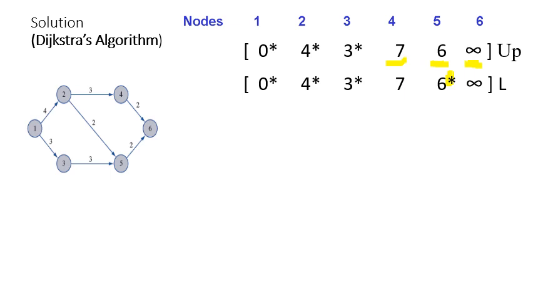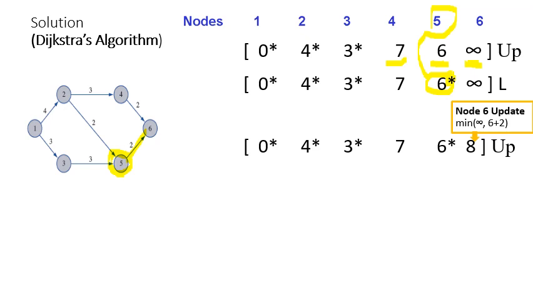After a node is set to be permanent, again, we need to do the update step. So the 6 here corresponds to node 5. Let's see if we are at node 5, which nodes we can reach directly. You see here we can directly reach node 6, which means we have to update node 6.